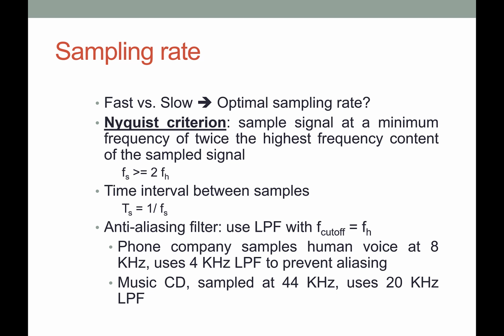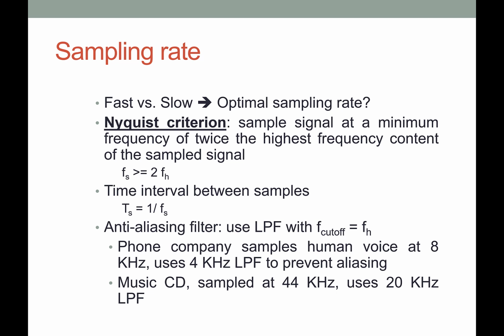And if each sample takes a large number of bits, then you're going to end up with a huge data flow that may not be what you need. So you want to have this optimal sampling rate that shows you how fast you need to sample, but not really any faster than that.